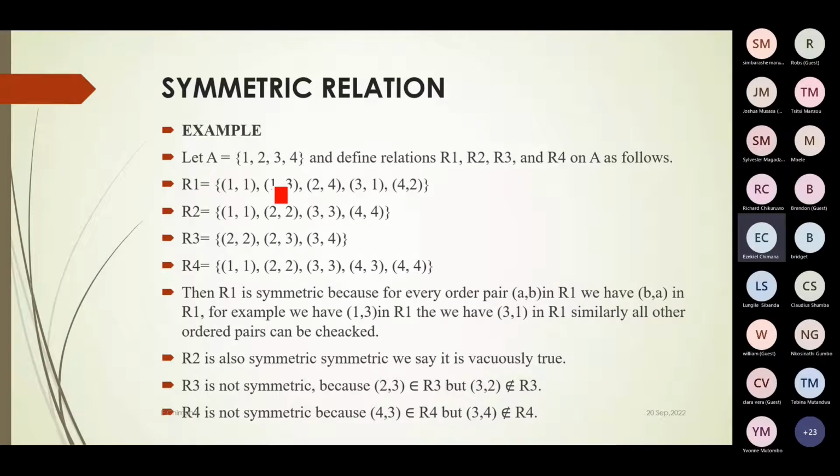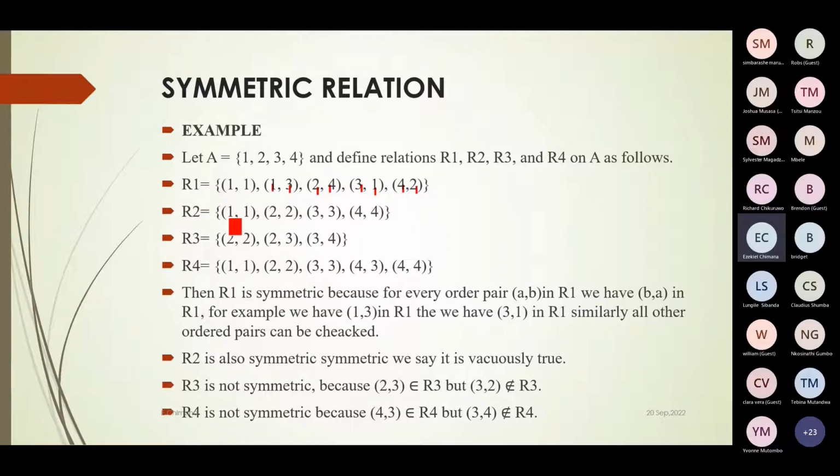So for this one, we've got (1, 3). We need to confirm if we have a (3, 1) in this relation, and we do. We've got (2, 4) here. Do we also have a (4, 2)? Yes, we do. So we can confirm that R1 is a symmetric relation. That is the logic we'll be using.